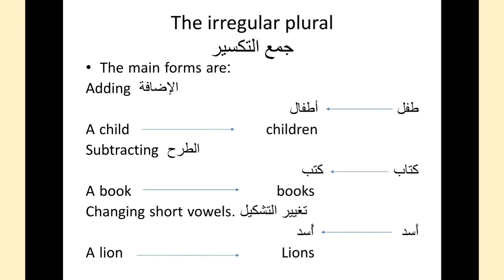So we changed the first letter, Asad has the short vowel فتحة, but it just is not obvious, so we changed it into ضمة, becomes أسد. You can see the difference in the pronunciation. So we changed only the way we pronounce it. Okay, so it has three forms: by adding letters, or removing letters, or changing the short vowel, or changing the pronunciation of the word so as to make it in the irregular plural.